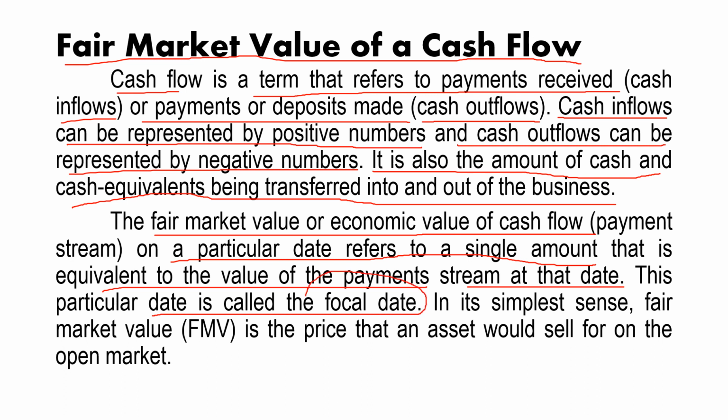You need to take note of this, that this particular date is called the focal date. In its simplest sense, fair market value or FMV is the price that an asset would sell for on the open market.